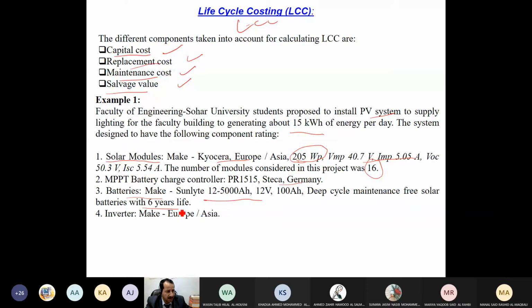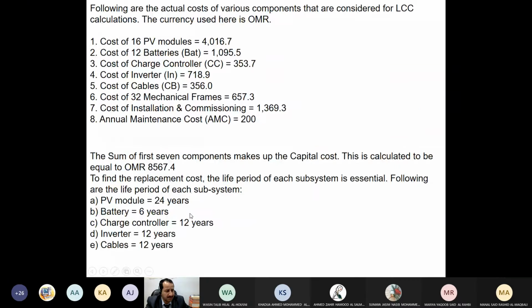Their life cycle or lifetime is 6 years. It means every 6 years we need to change the batteries. Inverter also. And he also tells you the cost for each part. Have a look here. The 16 PV modules cost this amount in Omani Riyal. The 12 batteries cost this amount.